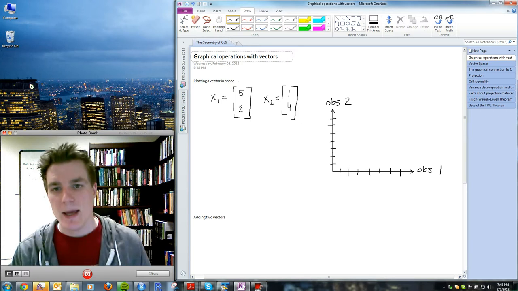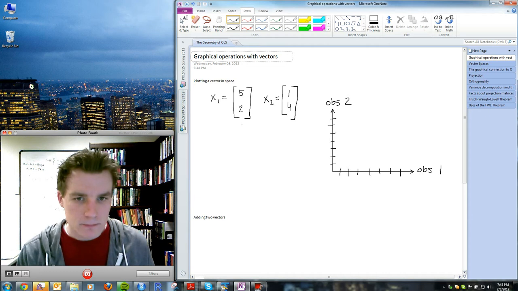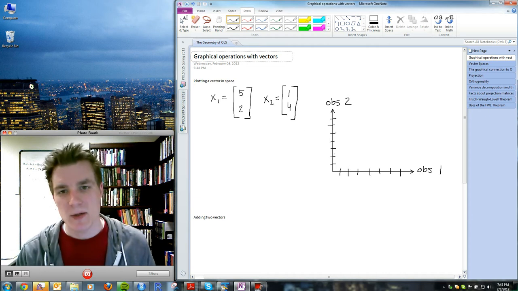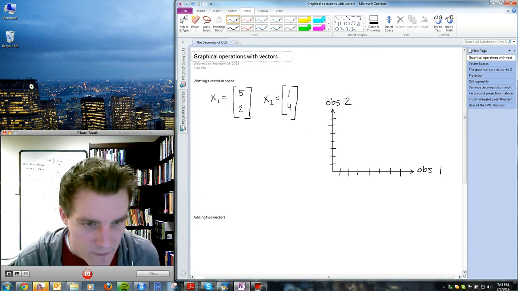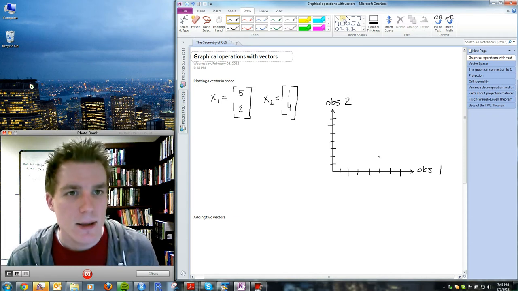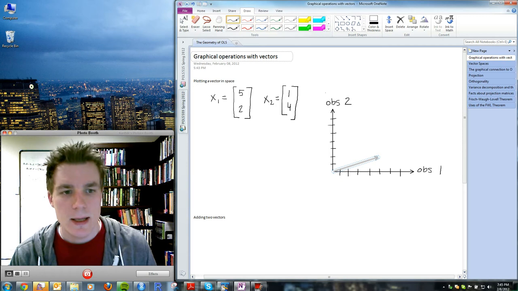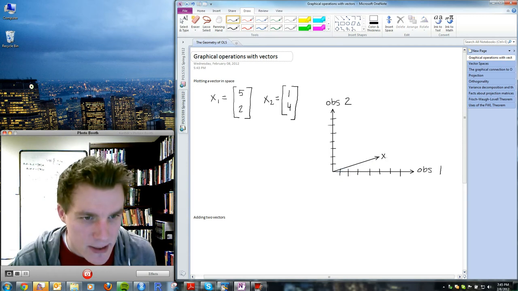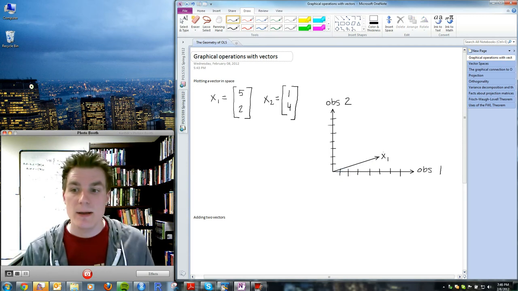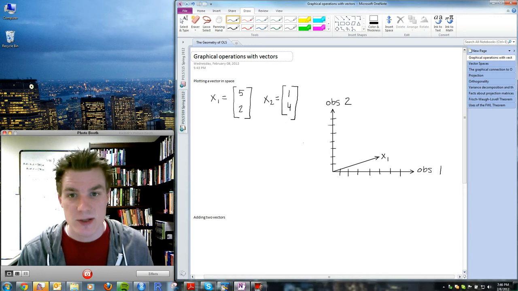Let's consider the x1 vector here. If I was going to plot the x1 vector in this space, I would mark off 5 on observation 1 and 2 on observation 2, and make a little dot there. And then I'd draw a vector. There we go. Here is x1. This is the x1 variable as represented in observation space.